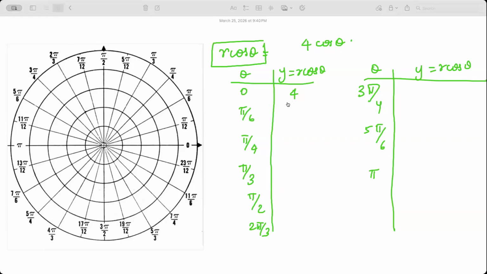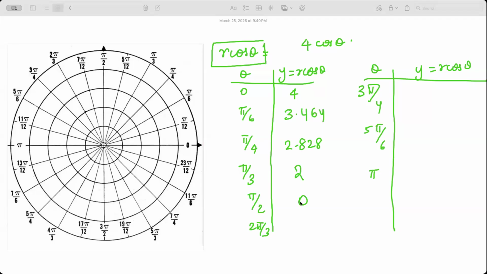Just going to write the values: 3.464, 2.828, and then I calculated for pi by 4, correct. And then the next one I have 2 and then a 0.